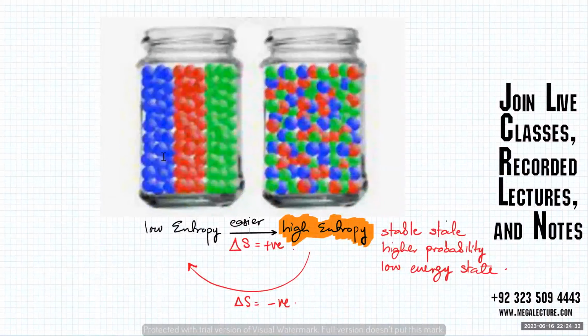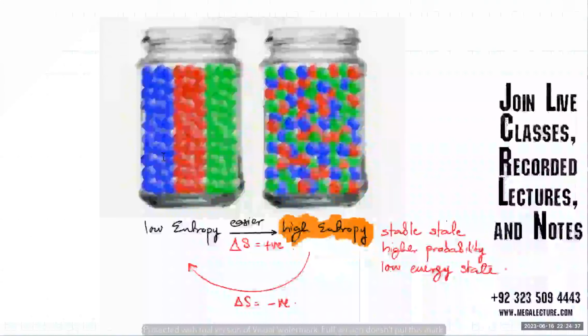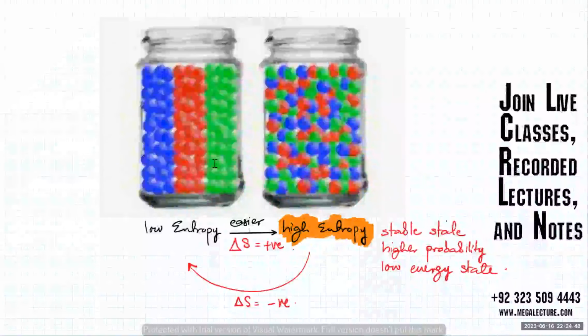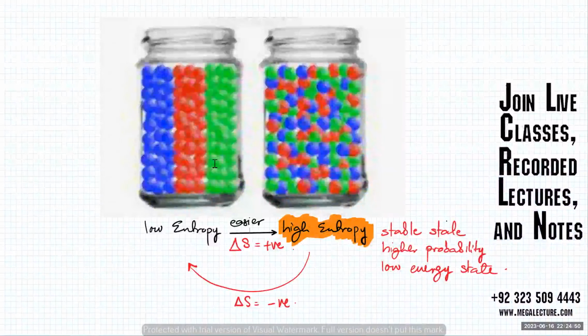Why is the messier state the more stable state? Probabilistically, how many different possible arrangements can you have for the marble balls to be arranged in a neat and tidy order? It's just a few states. All these marble balls can exist in hundreds of thousands of different ways.